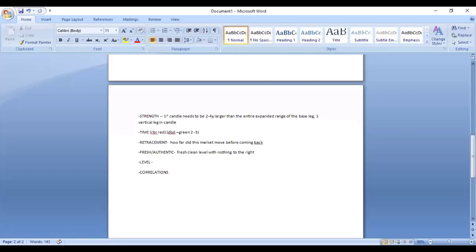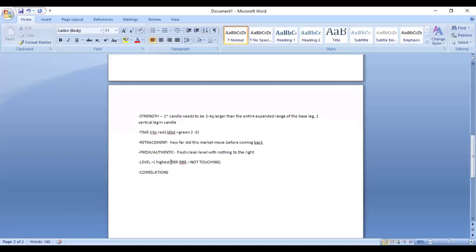So for level on level, the highest probability of it working would be, let's find a demand zone on demand zone, or let's say a rally-based rally, where they're not touching. I don't think we've ever covered this with you guys.